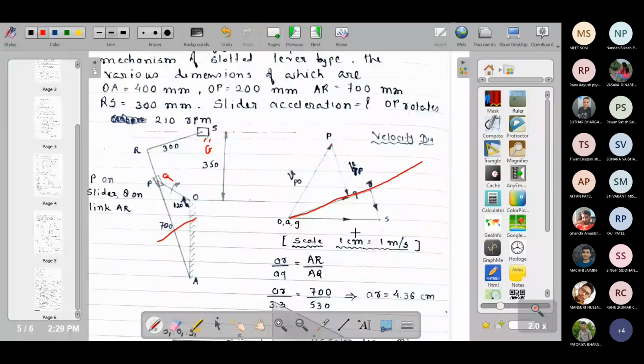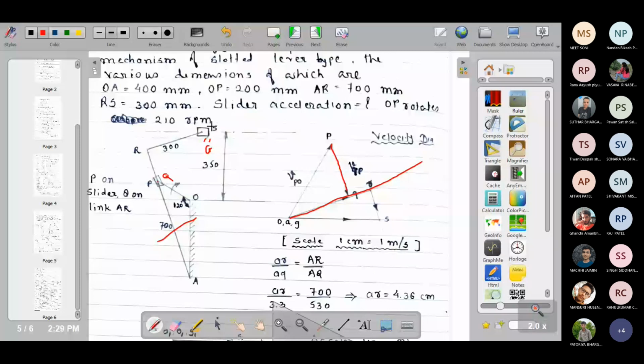Point P is having linear motion. From point P, I can draw a line, because the velocity vector of the slider is along the direction of motion of the slider.